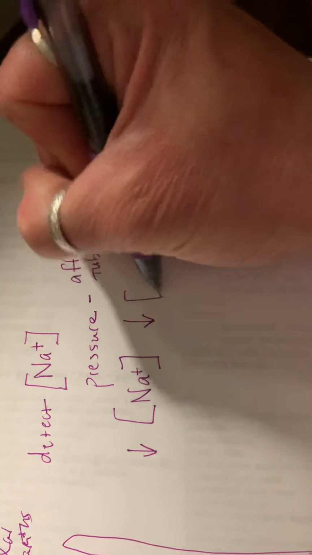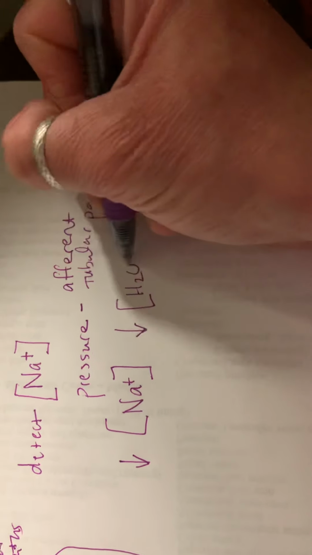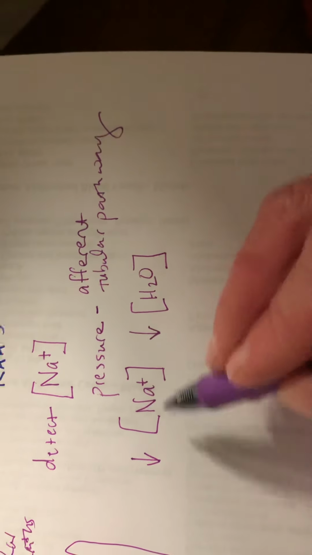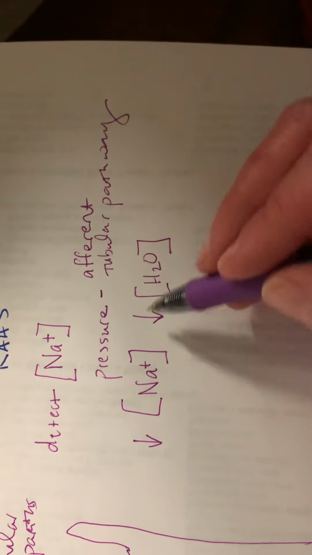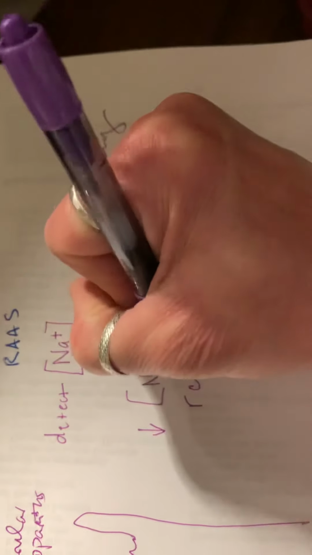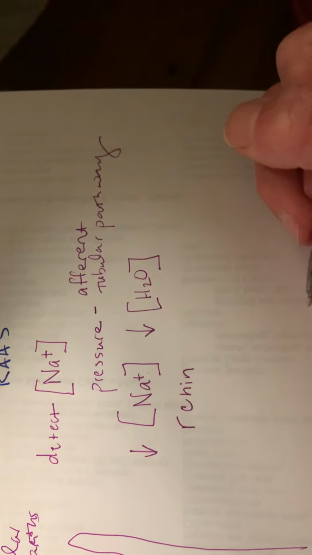And so a drop in sodium is also going to indicate that we're getting low in the amount of fluid that we have. So these two things go hand in hand because water follows the solute. So we release our enzyme, renin, and renin is going to go into the bloodstream and act on angiotensinogen.